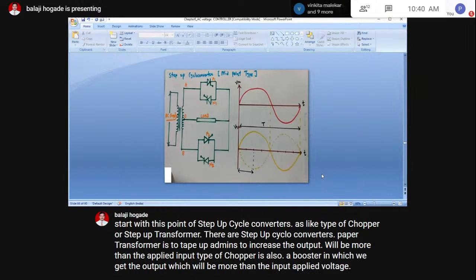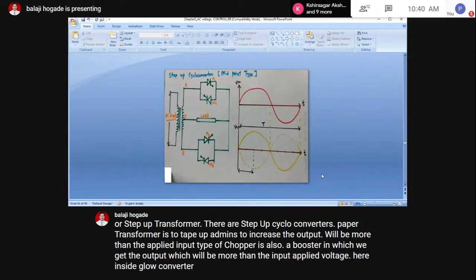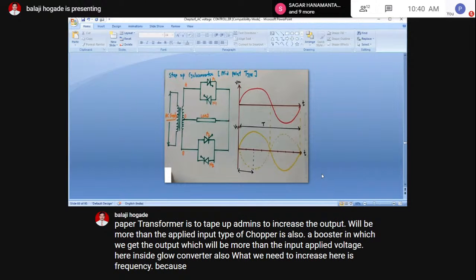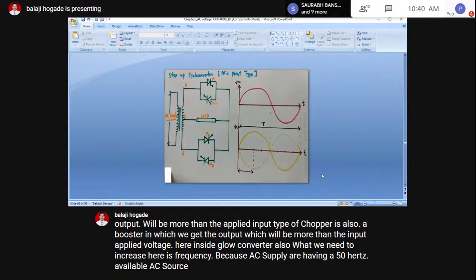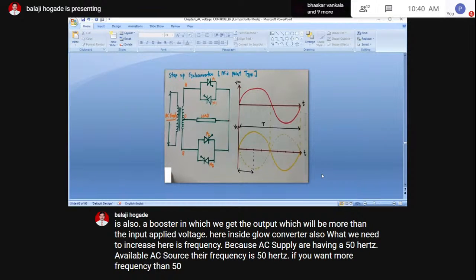Here in a cycloconverter also, what we need to increase is the frequency, because the available AC source has a frequency of 50 hertz.